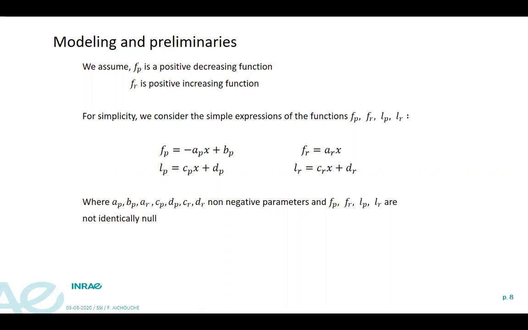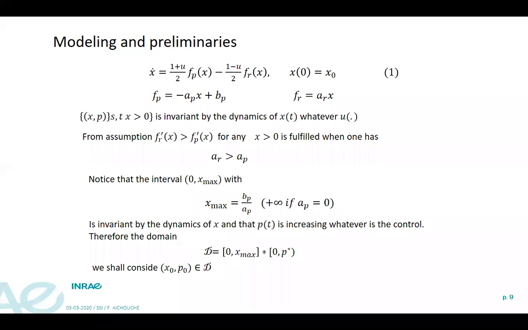Therefore, the mass detachment can be described by a positive increasing function Fr. For simplicity, we consider in this study a simple linear expression for Fr, Fp, Lr, and Lp with non-negative parameters. So we can easily check that the domain x superior to 0 is invariant by the dynamic of x.